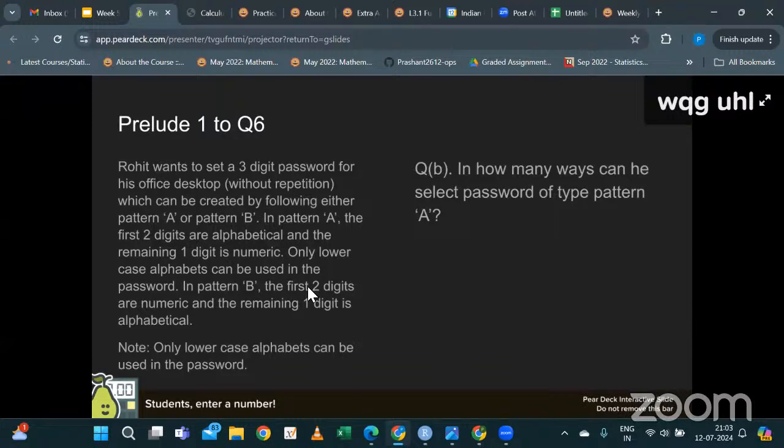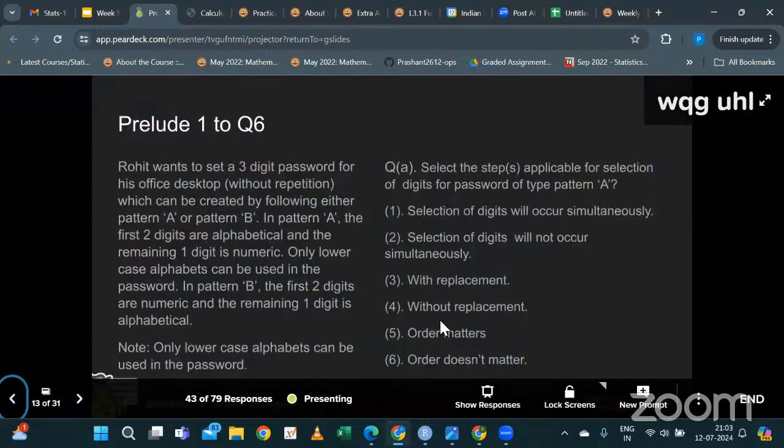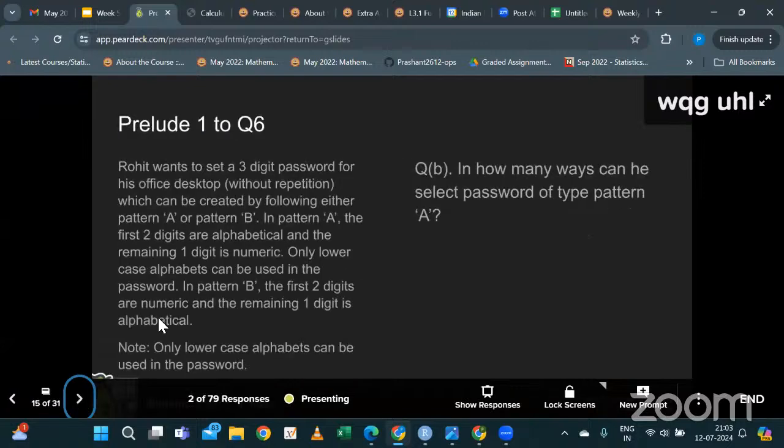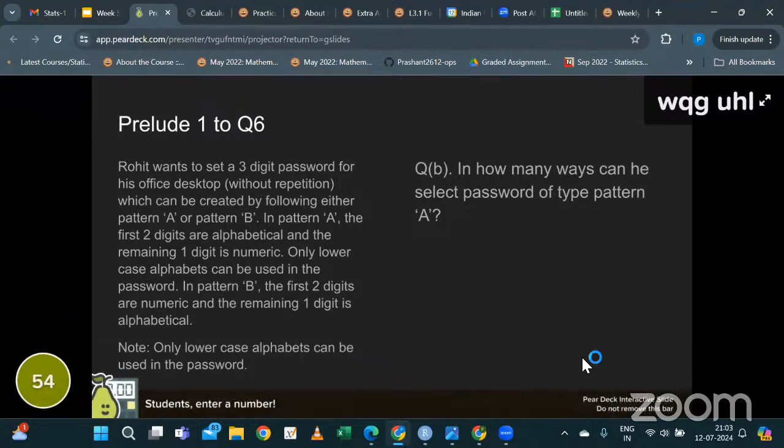Permutation. Here order matters, so I will go for permutation. So what should be the answer? I'm going to give you 1 minute, just to check how quickly you are able to understand it.